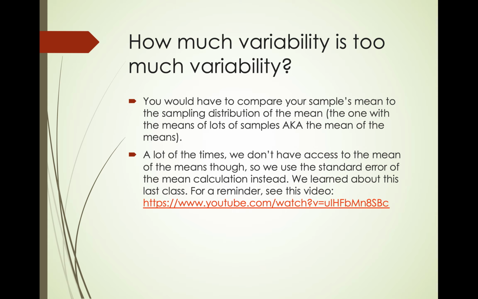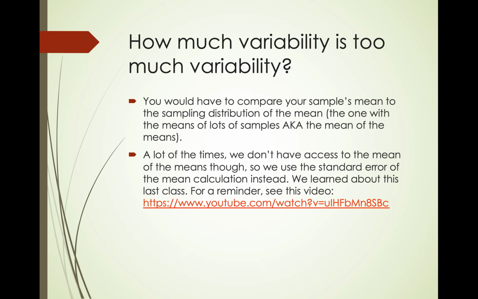A lot of times we don't have access to the mean of the means though, so we have to use something called standard error of the mean calculation instead. We also learned about this in last class, but for a reminder, here's that video if you want to watch it again. So that's how you can decide whether there's too much variability and ensure that your samples have equal variance.